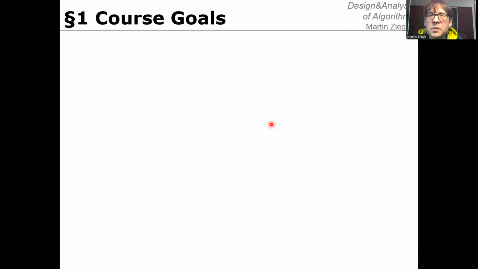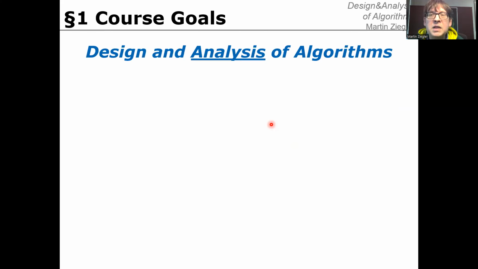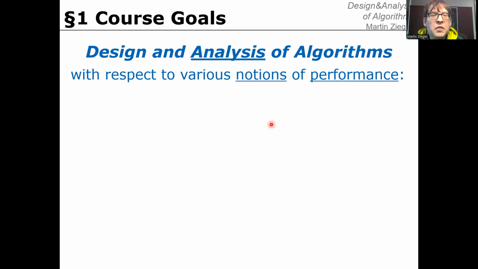So that leads to the goals of this course: design and analysis of algorithms, where analysis pertains to different notions of performance. So there are various modes of algorithm analysis, and the one you're all familiar with is worst case analysis.